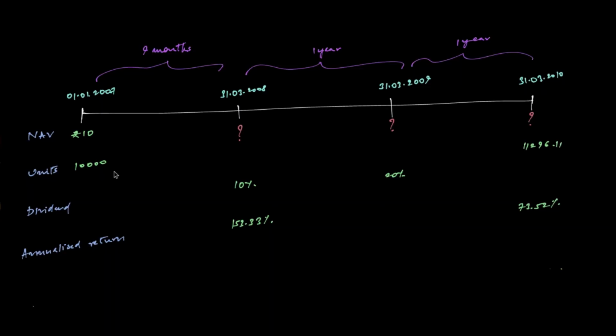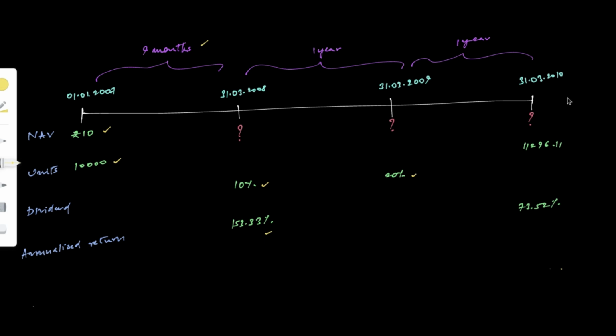Let us look at that. Now see this. The NAV on 1/1/2007 was rupees 10 and the number of units was 10,000, and on 31/3/2008 dividend was paid, which was 10%, and annualized return as on that date was 153.33%. So what is the duration? It is 9 months. After 31/3/2008, on 31/3/2009, 20% dividend was paid.